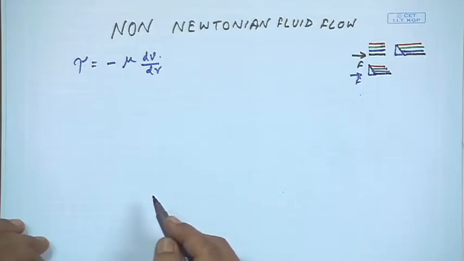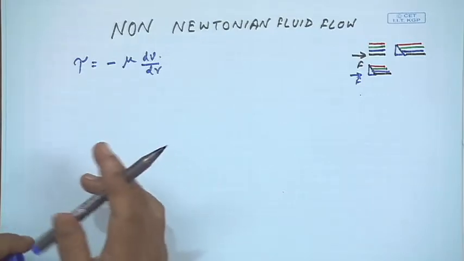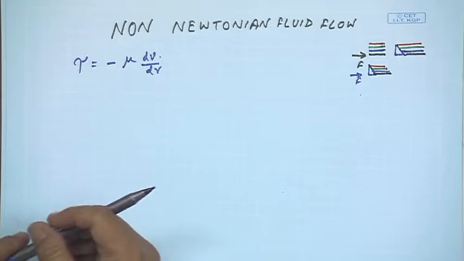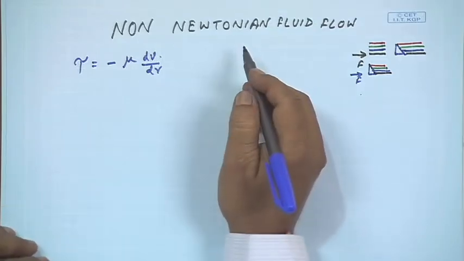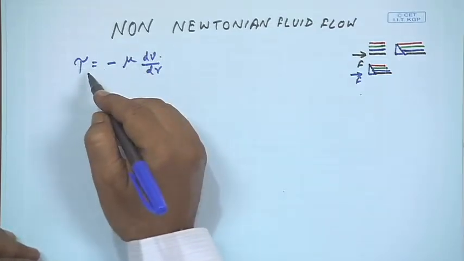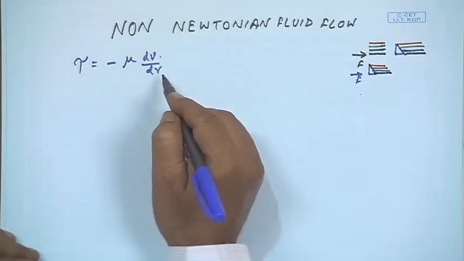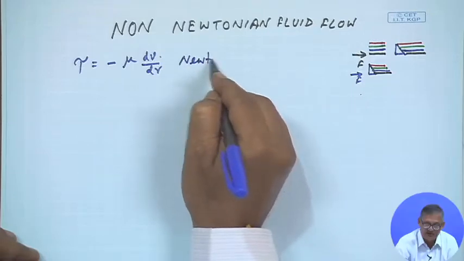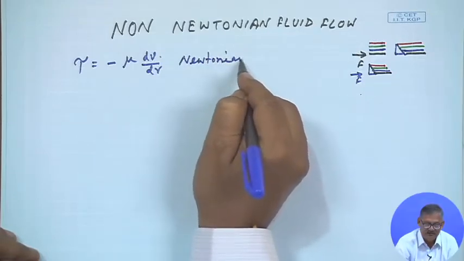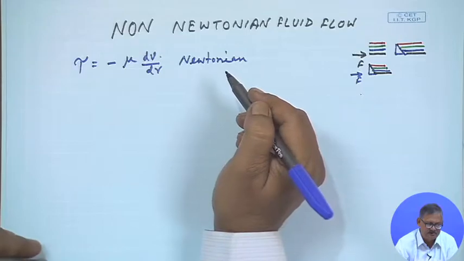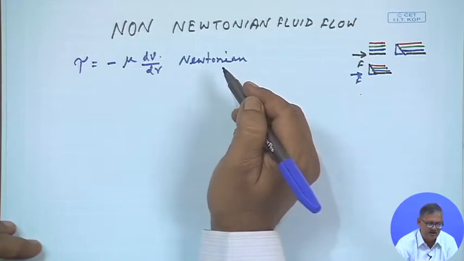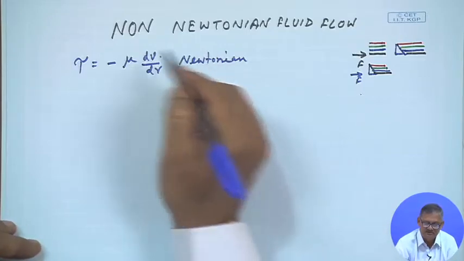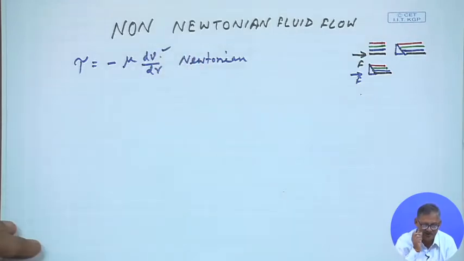This is the very simple relation of the fluid, as given by Newton, and the liquid or fluid which follows this relation straightforwardly is known as Newtonian fluid, right.